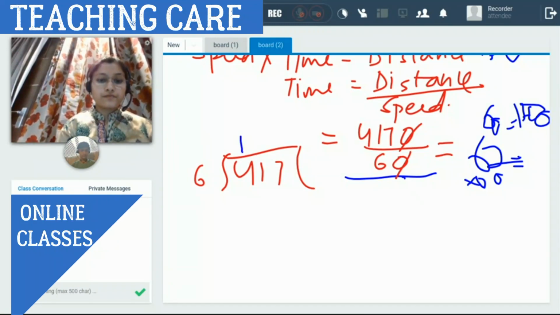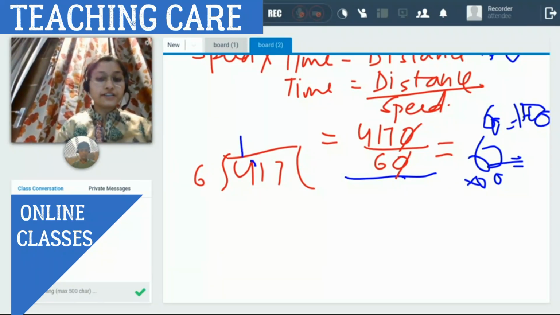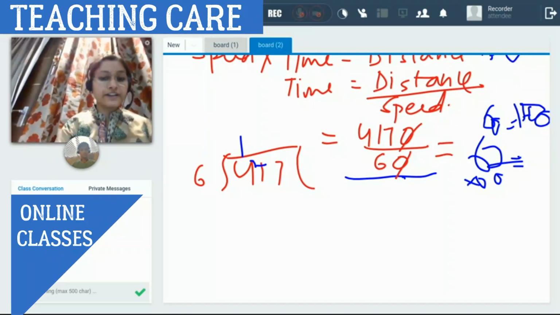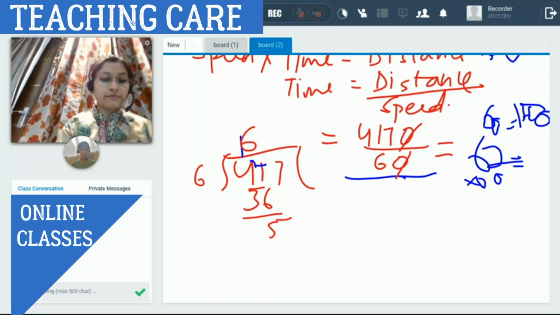Now, 6 into 6, 36. 6 into 7, 42, which is greater than 41, so I will go for 6 into 6, 36. Then 41 minus 36, 5 will remain. Then we'll move the 7 down.